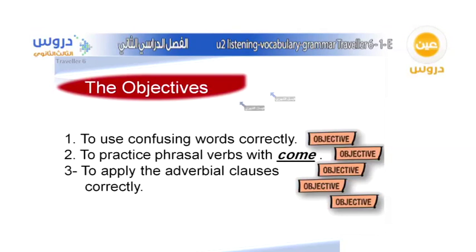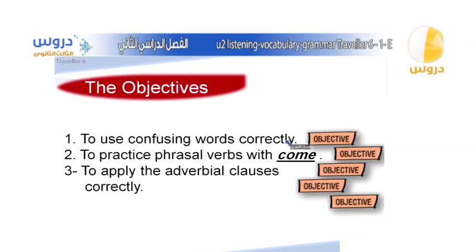Our objectives for this lesson today are, number one, to use confusing words correctly. Number two, to practice phrasal verbs with come. And the third objective, to apply adverbial clauses correctly.